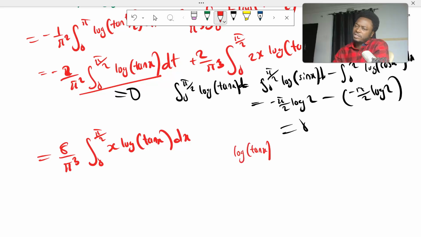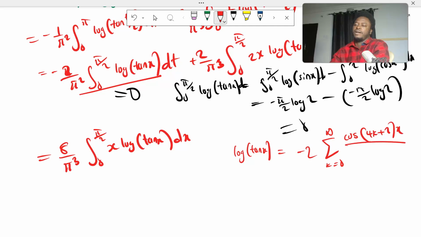And if I remember correctly, this series equals negative 2 times the sum as k runs from 0 to infinity of cosine of (4k plus 2)x divided by 2k plus 1. And of course, x is between 0 and pi over 2; it is not valid for all values of x.